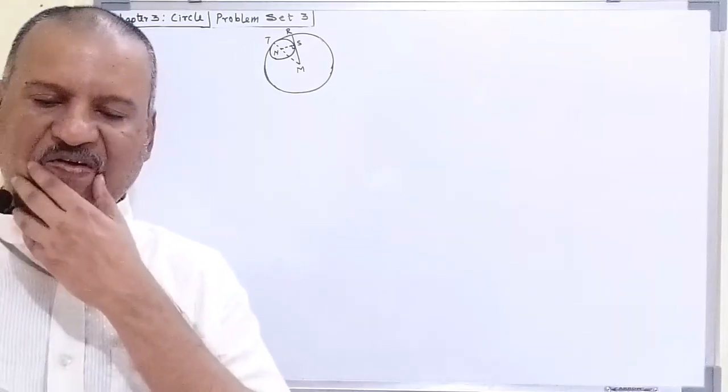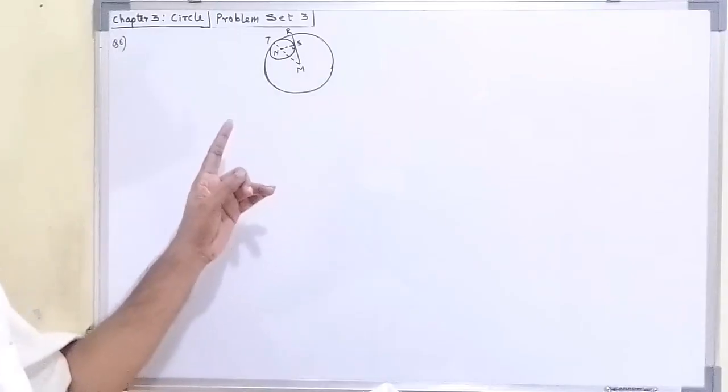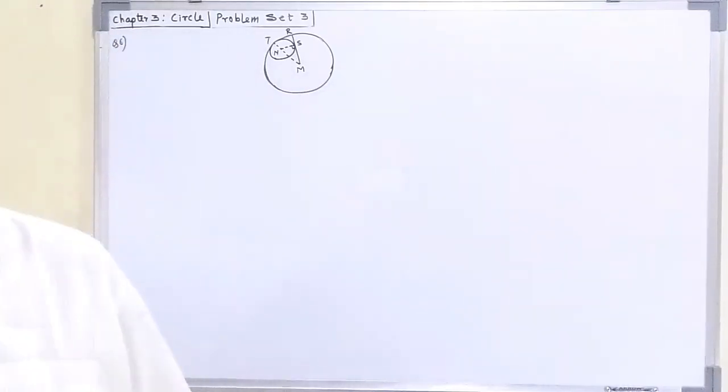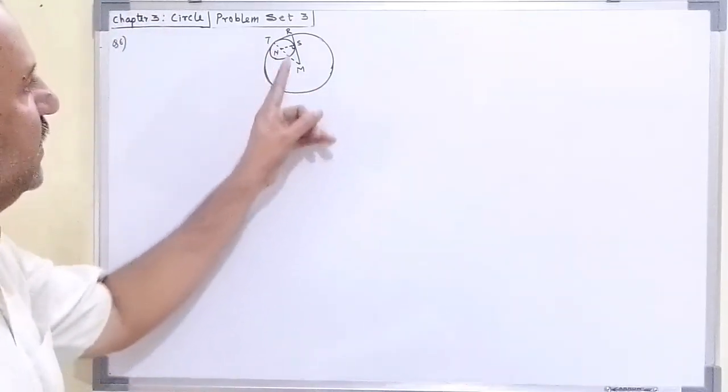Question number 6. In the figure, a circle with center M touches the other circle internally.